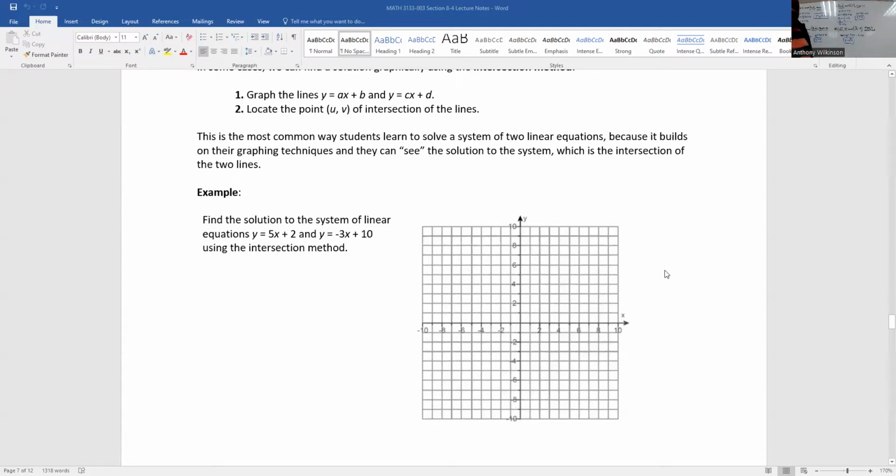Now, usually the graphing method is commonly learned by students because it builds on their graphing techniques, and they can, in quote, see the solution to the system, which is the intersection of the two lines. So like in this example here, let's say I want to find the solution to the system of linear equations y equals 5x plus 2 and y equals negative 3x plus 10.